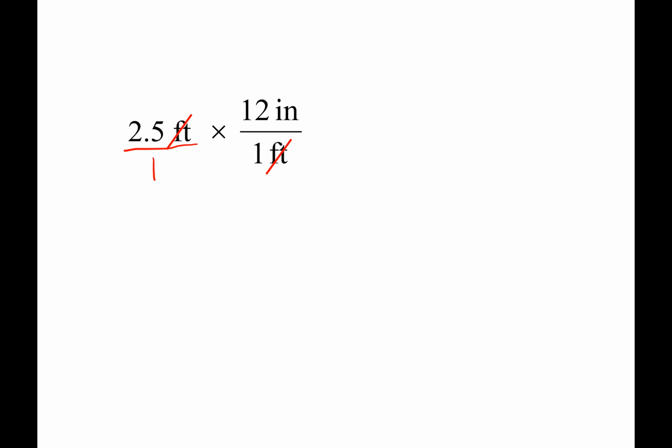There is no uncertainty introduced by that 12 inches over 1 foot, because that's an exact relationship. Is there uncertainty in 2.5? Yes. How many sig figs in 2.5? 2. Very good. So we need to show 30 with 2 sig figs.